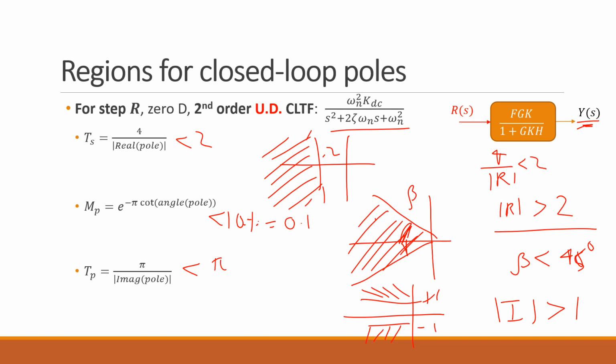If the pole lies in this region, its imaginary part would have magnitude larger than 1, and it would follow the peak time requirements. So the main interesting point is that all the settling time, overshoot, and peak time requirements boil down to closed loop poles being in some special regions of the s-plane.